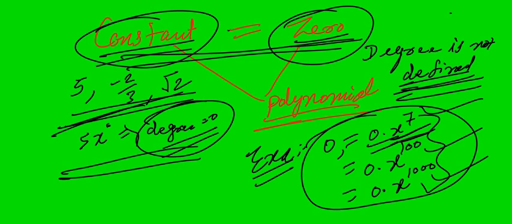Now one important question is always asked in board exams and other exams. If we represent a quadratic polynomial geometrically, which type of graph will we get?